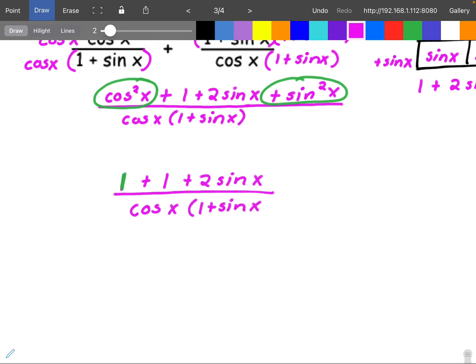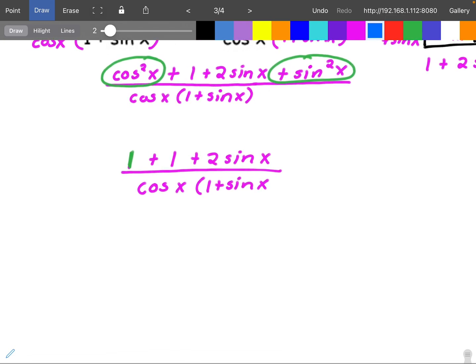Now, if you have a tough time seeing it with them separated, then go ahead and rewrite it. So I'm going to go ahead and rewrite it. I'm going to put this step in blue because this one is not absolutely necessary, but for some people it really helps. So I'm going to leave my cosine squared x in front, but then I'm going to rearrange and say plus sine squared x, and then I'm going to put this stuff behind it.